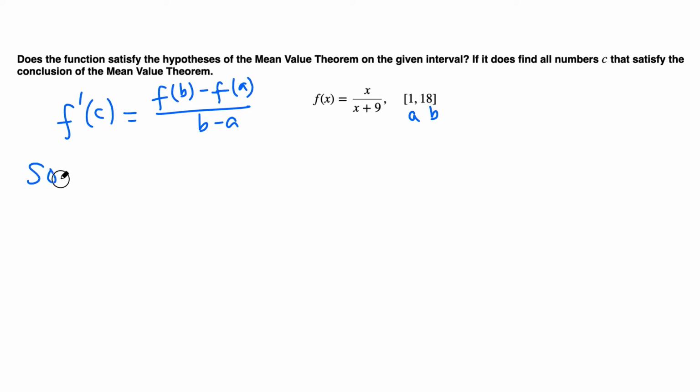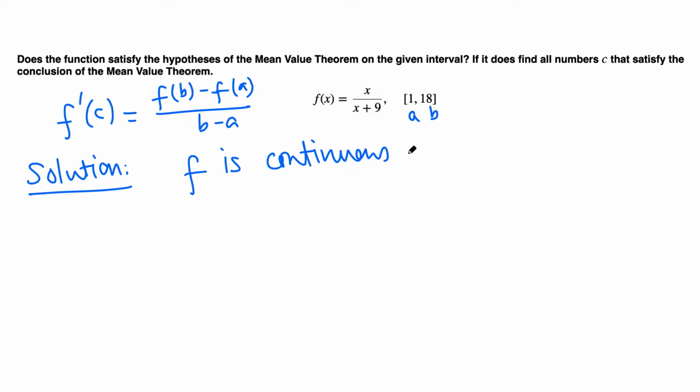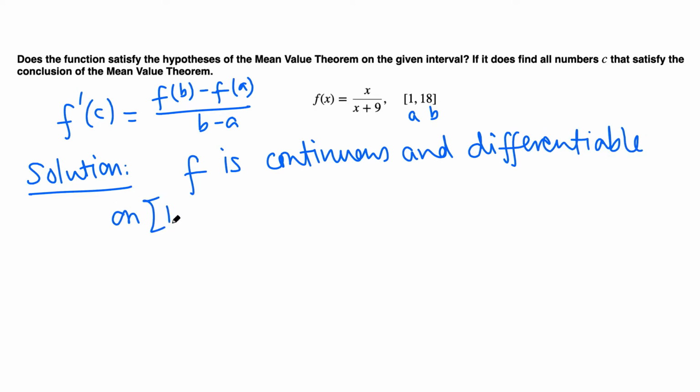Okay, so let me write down the answer here now. f is continuous and differentiable on 1 through 18 because this is a rational function and 1 through 18 is inside the domain.